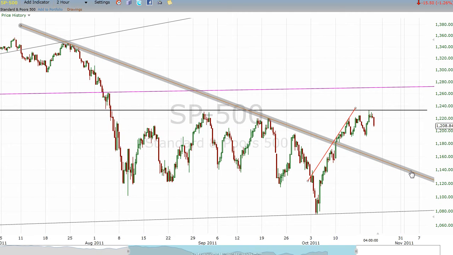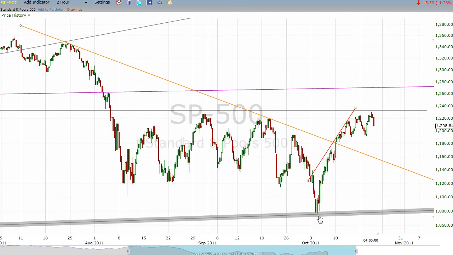I think that would represent a likely good buying opportunity, because this pattern may end up being a reversal, with 1080 being the low. I'm not saying that for sure, but that is a distinct possibility.